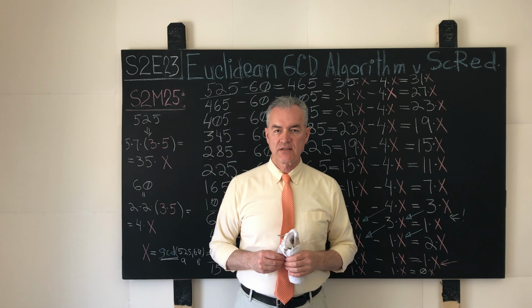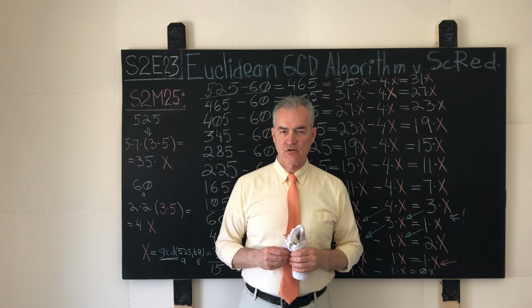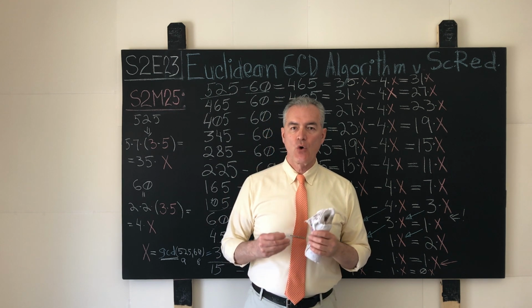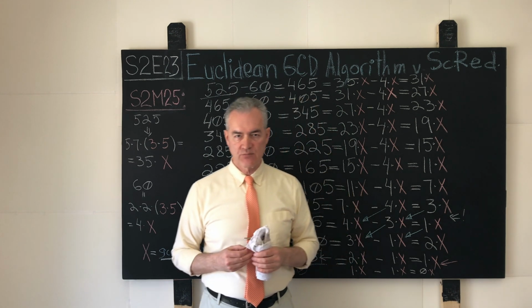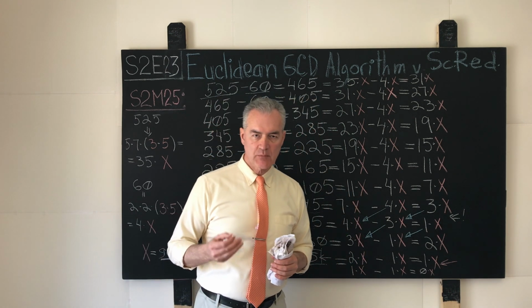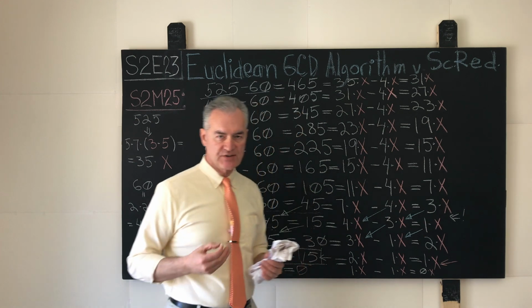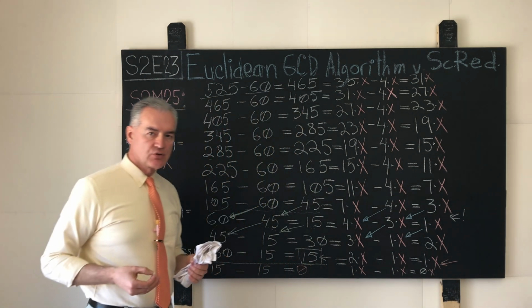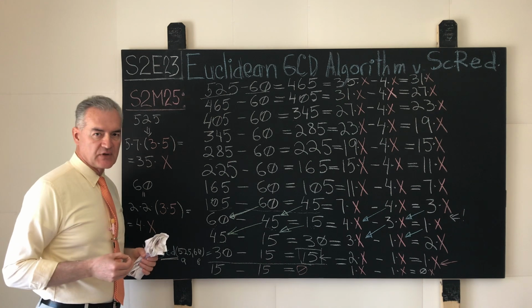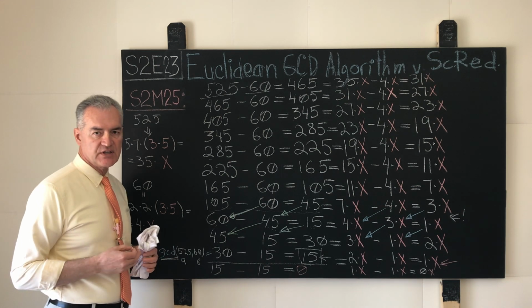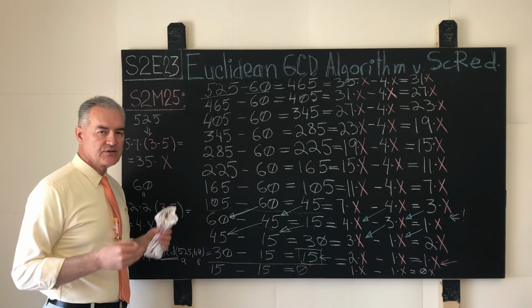Now that we understand how the Euclidean greatest common divisor algorithm works, let us try to understand why it works and why it produces the greatest common divisor of two numbers as its output. Back in middle school, when I was a kid, it was the mid 70s and early 80s. There was no internet.